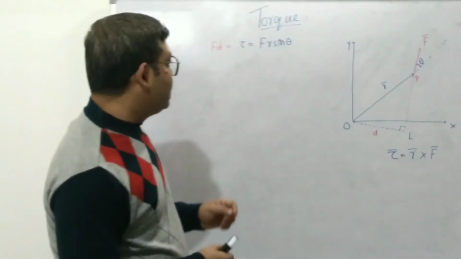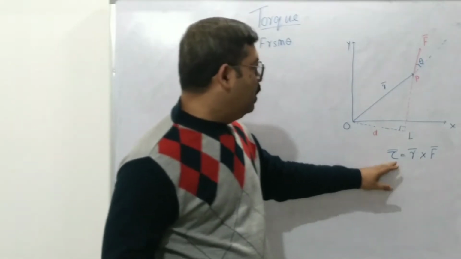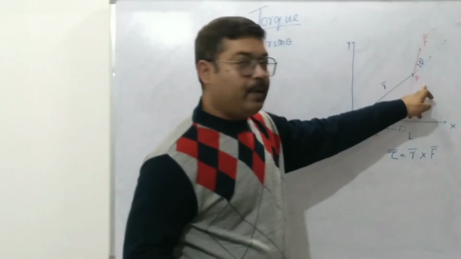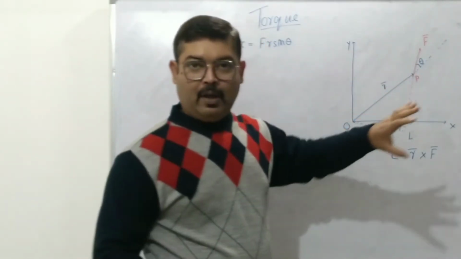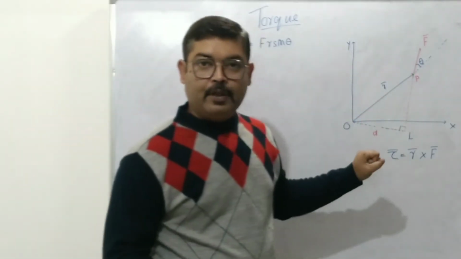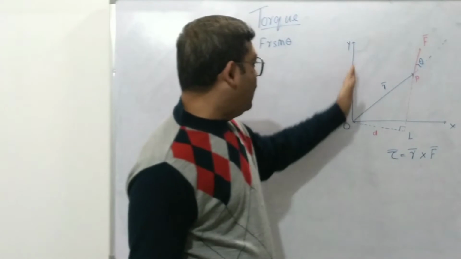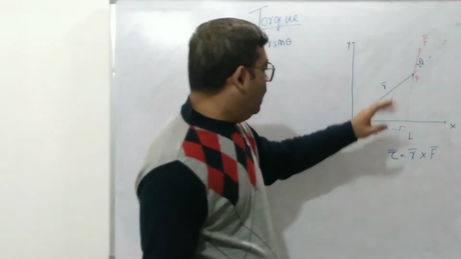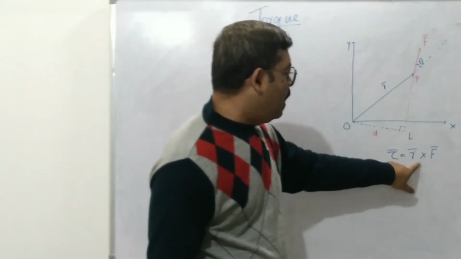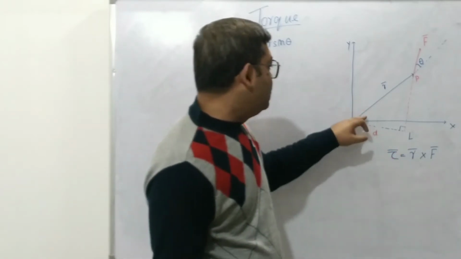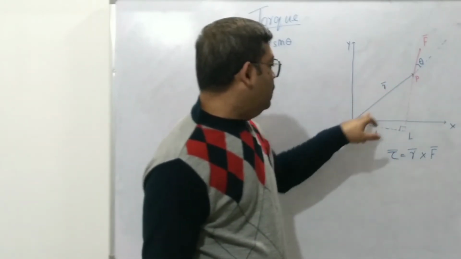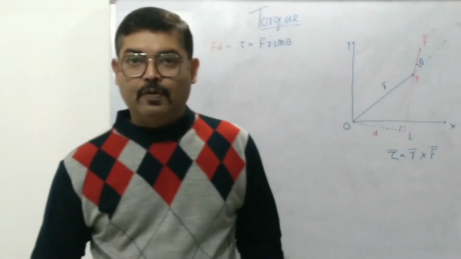Okay, we have just seen the torque due to a force applied at a point P on a rigid body. I haven't drawn a rigid body now for the clarity of the picture, which is rotating about an axis, the y-axis, is given by tau equals R cross F, where R is the position vector of the point of application of the force.